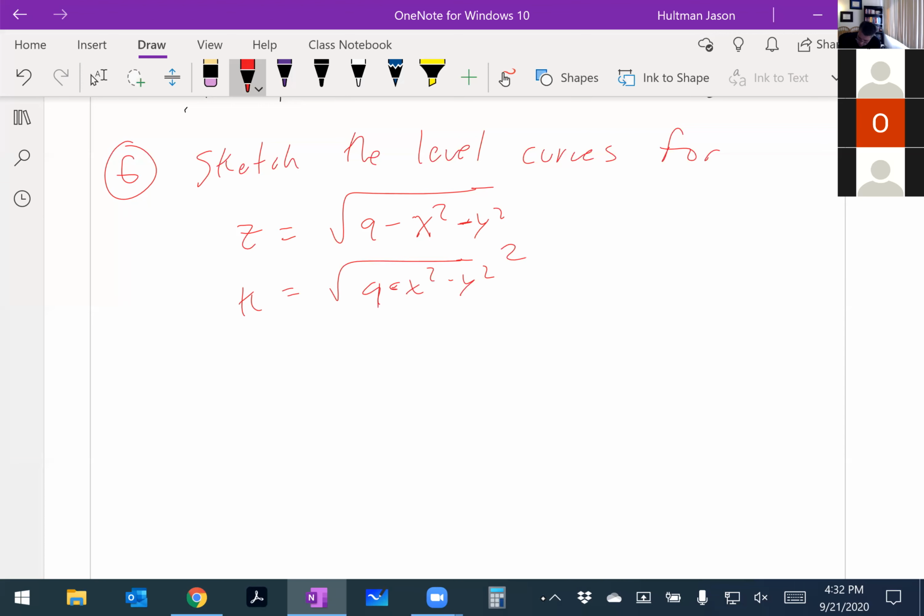Then we're going to square both sides, and we get x squared plus y squared plus k squared equals 9. And so x squared plus y squared equals 9 minus k squared.